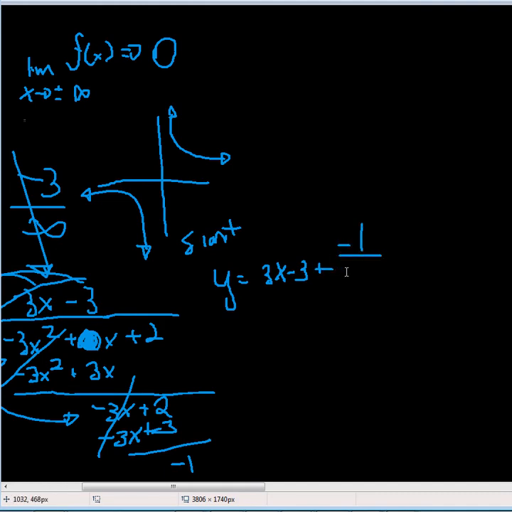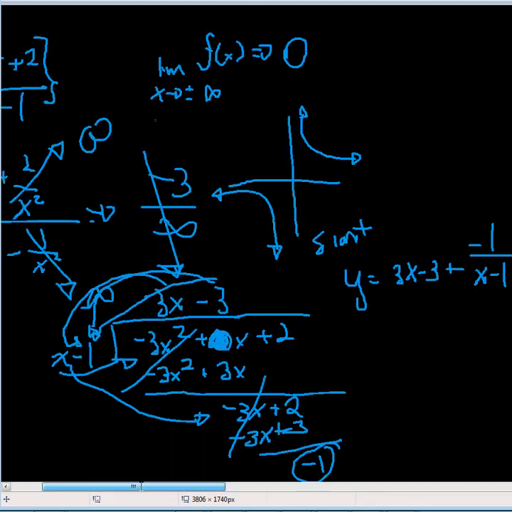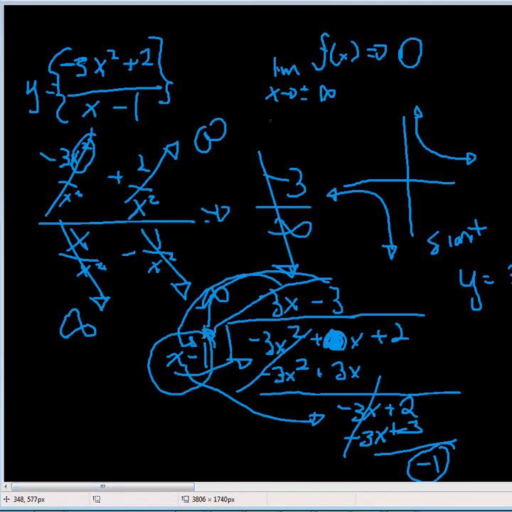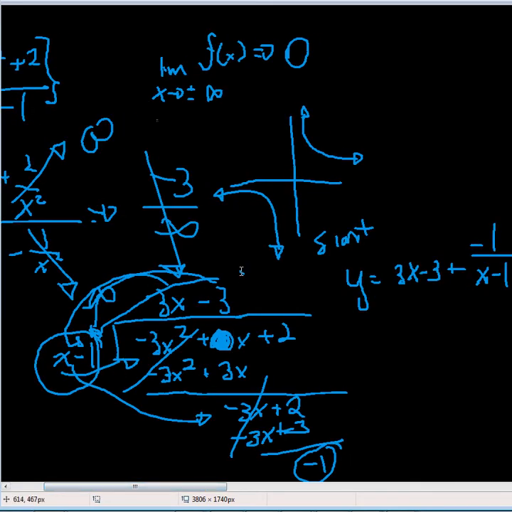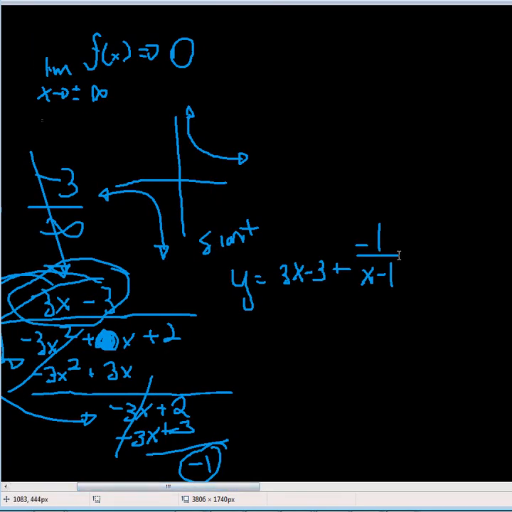Where this negative 1 is your remainder, divided by this. So y is equal to negative 3x minus 3 plus negative 1 over x minus 1, right? So there's your problem. There's your finished equation. And that is your asymptote.